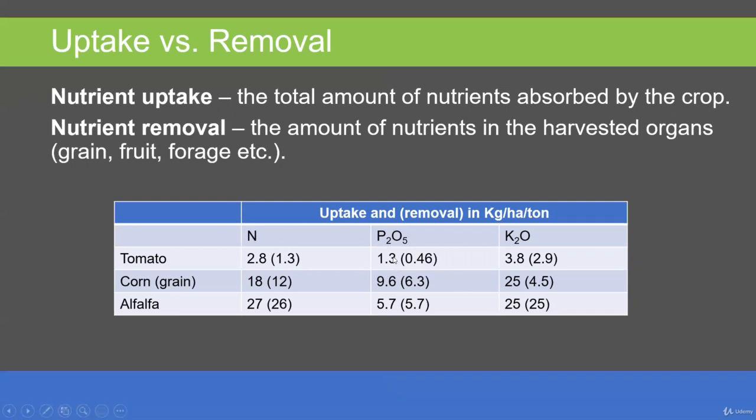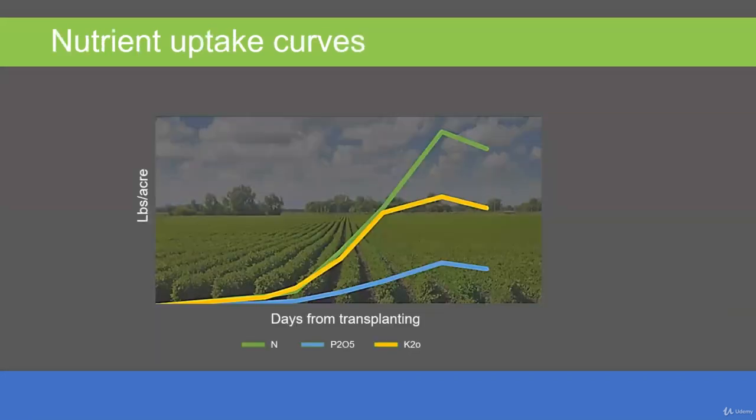Phosphorus, the uptake is 1.3, and the removal is 0.46. Potassium is K2O, 3.8 is the uptake, 2.9 is the removal. So the removal is always less than or equal to the uptake. Equal if the harvested organ is the entire plant, or almost the entire plant.